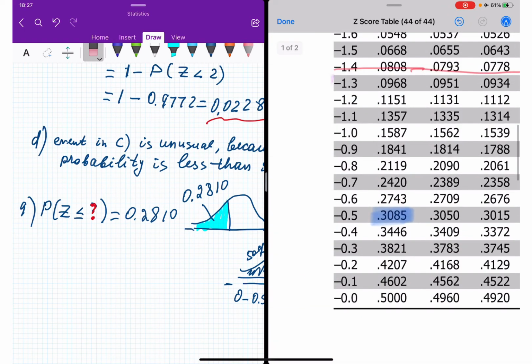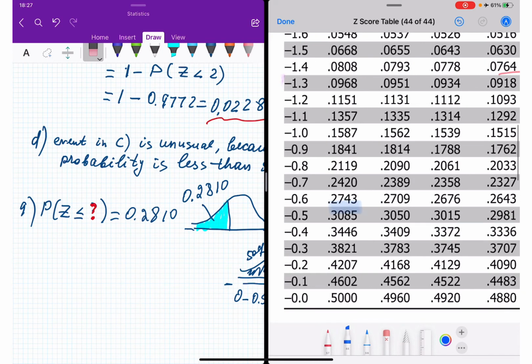Let's go to negative. We need 0.2810. I see here 7. I need 8.